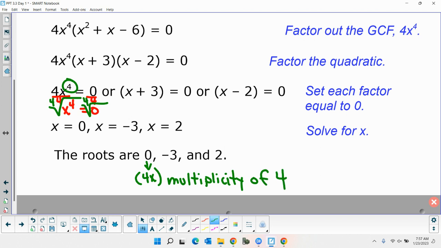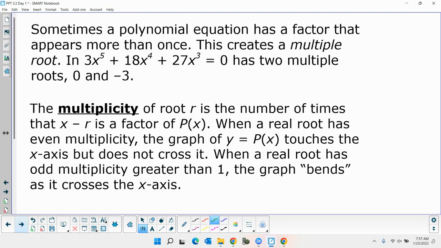So some zeros work more than once. Okay? And then if that only worked once, 2 only worked once, -3 only worked once. Okay? So if that happens, multiplicity, what would happen if you were looking at the graph?